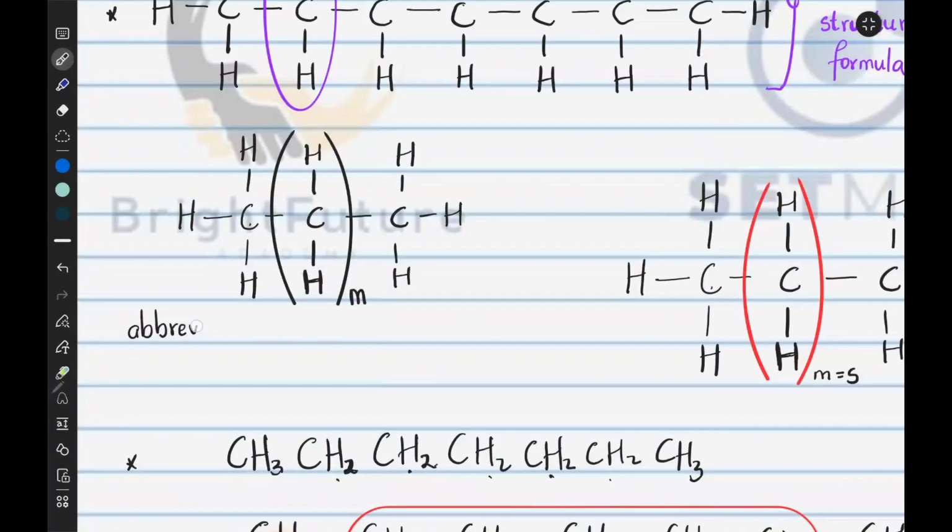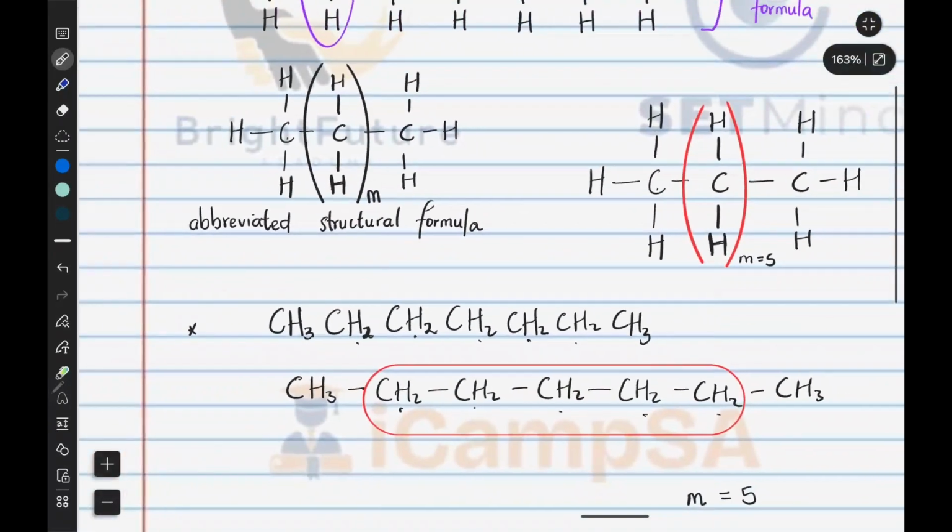There's also an abbreviated condensed structural formula. So I'll show you just now what it looks like. It's just us saying we don't like tedious work, so we summarize the thing.